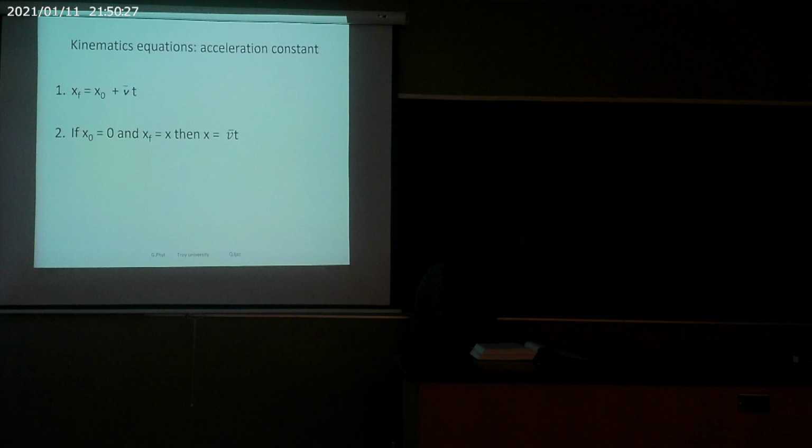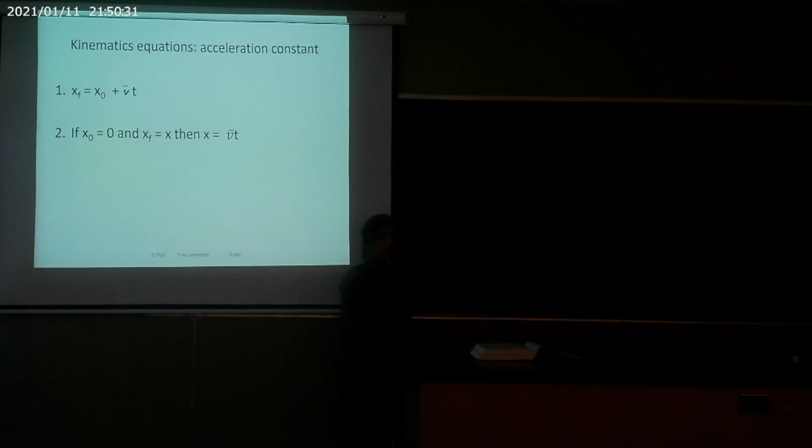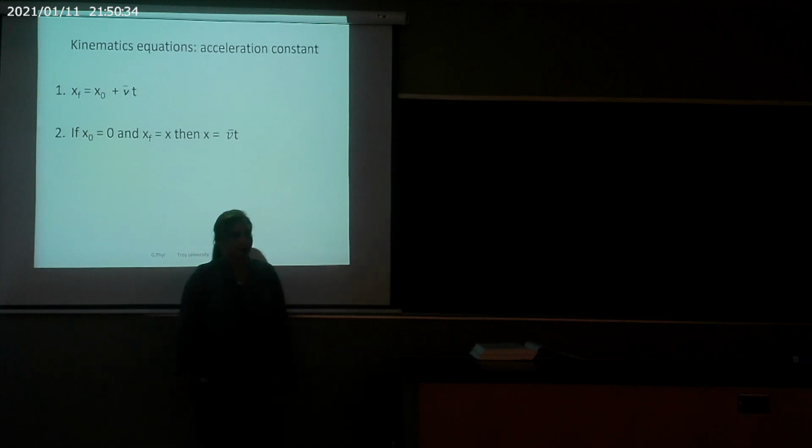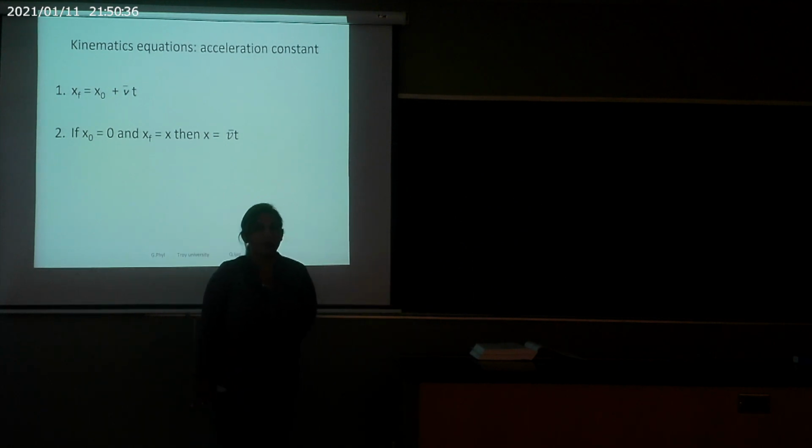If we find the slope of the graph, delta x over delta t, what would that be? Velocity.